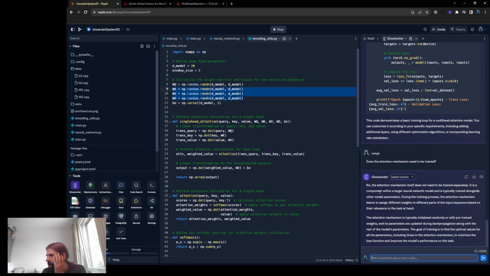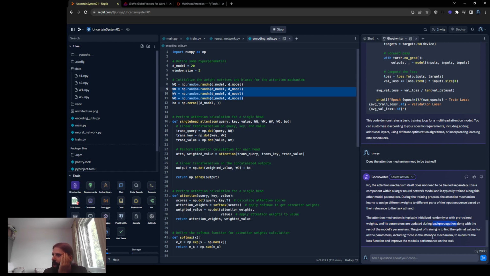He says no, the attention mechanism doesn't have to be trained separately. It is a component within a larger neural network model, and is typically trained alongside other model parameters. During the training process, the attention mechanism learns to assign different weights to different parts of the input sequence based on their relevance to the task at hand. It is typically initialized randomly, or with pre-trained weights. Its parameters are updated during backpropagation.